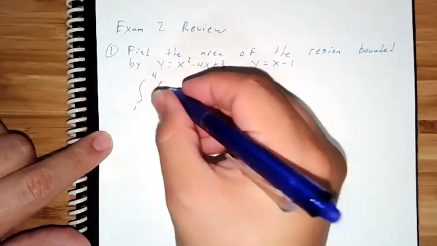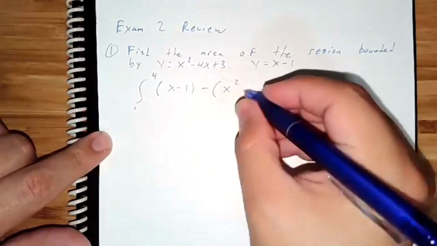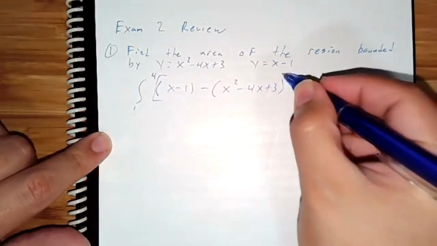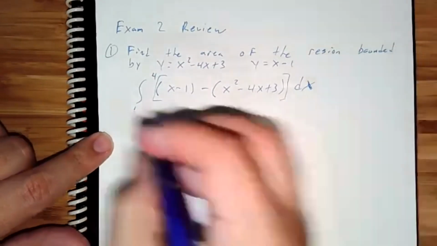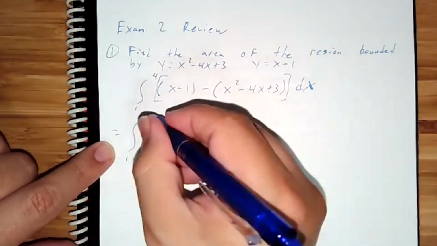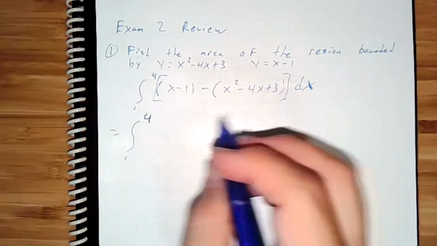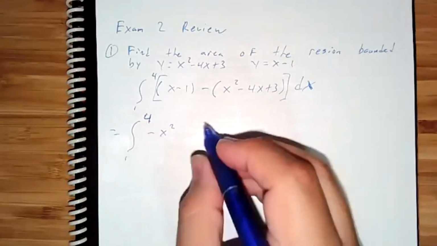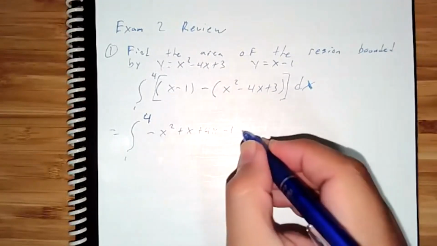Top function is this guy minus x squared minus 4x plus 3. Okay, so distribute this minus sign. You'll get, let's see here, negative x squared plus x plus 4x minus 1 minus 3.